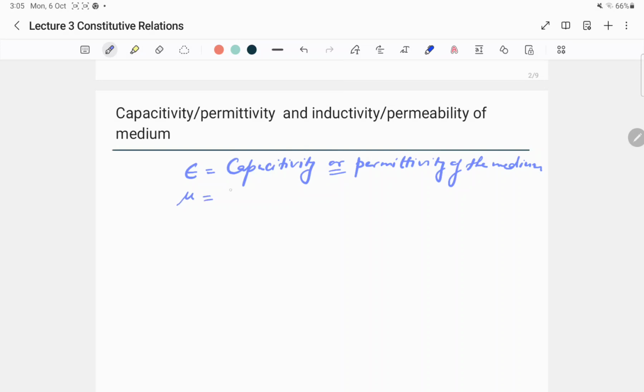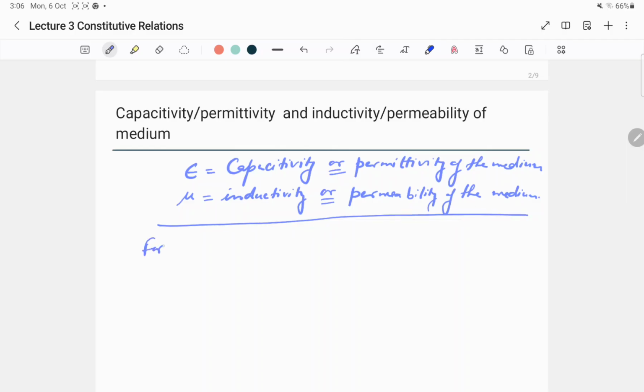Mu is called inductivity or permeability of the medium. For free space, this epsilon becomes epsilon naught and mu becomes mu naught.